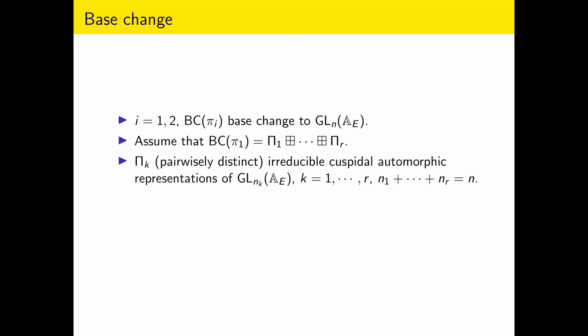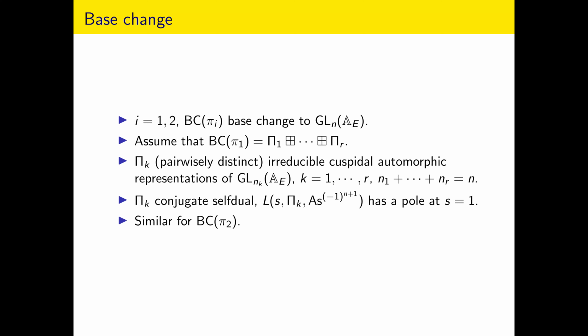The important part is that they are distinct and conjugate self-dual, so that this is the so-called Hermitian Arthur parameter. This will ensure that we are essentially in the generic case. Everything I stated here is for pi1, and we have similar assumptions for pi2. So that's the base change, and the L-function we're going to be interested in is the tensor product of the L-functions of the base change of pi1 and pi2.